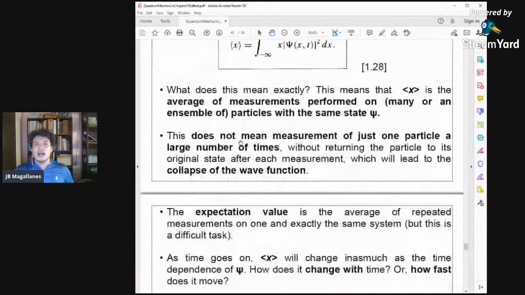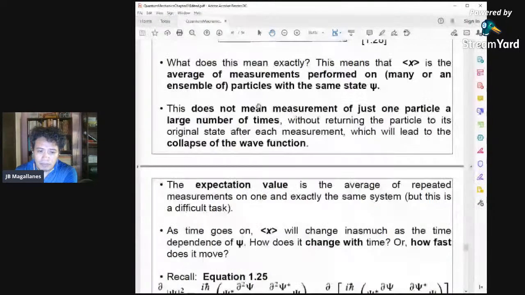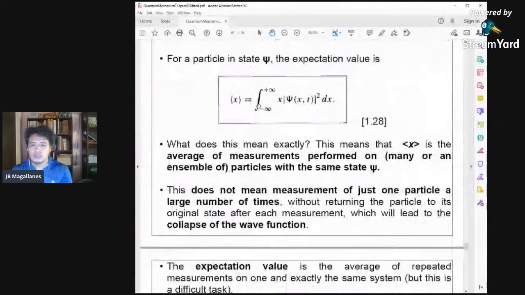Now, how about the expectation value of the momentum? Now, this is position. First, to get the expectation value of the momentum, what is momentum, by the way? Momentum is just the product of the mass of the particle times the velocity of the particle. In classical mechanics, you have that.